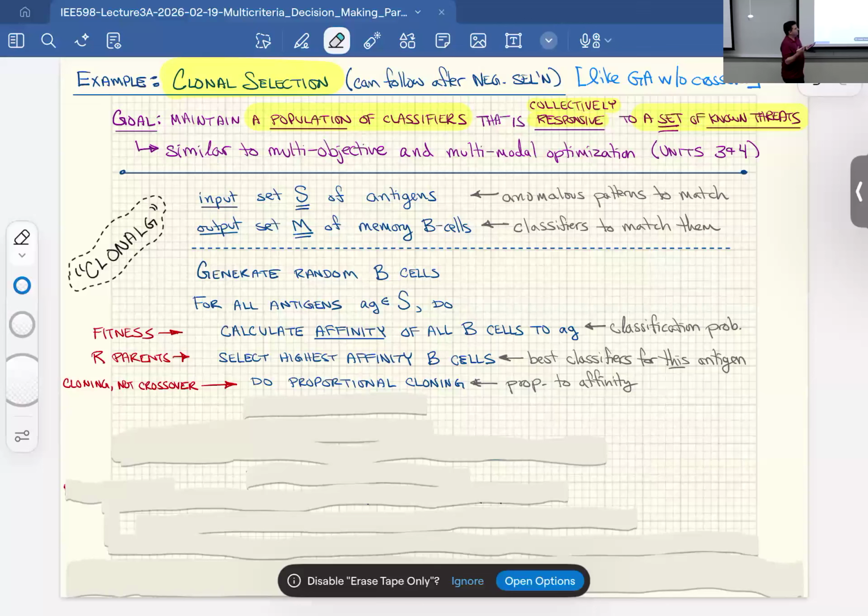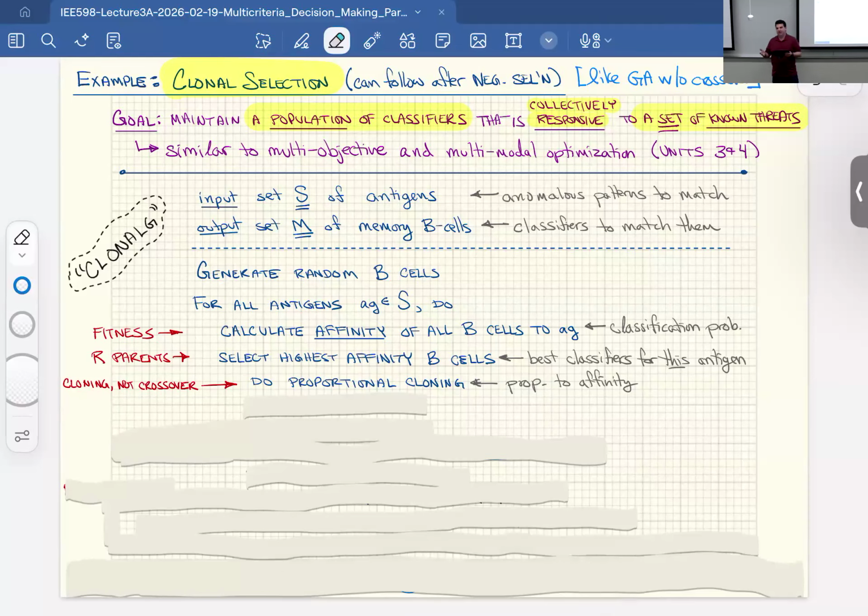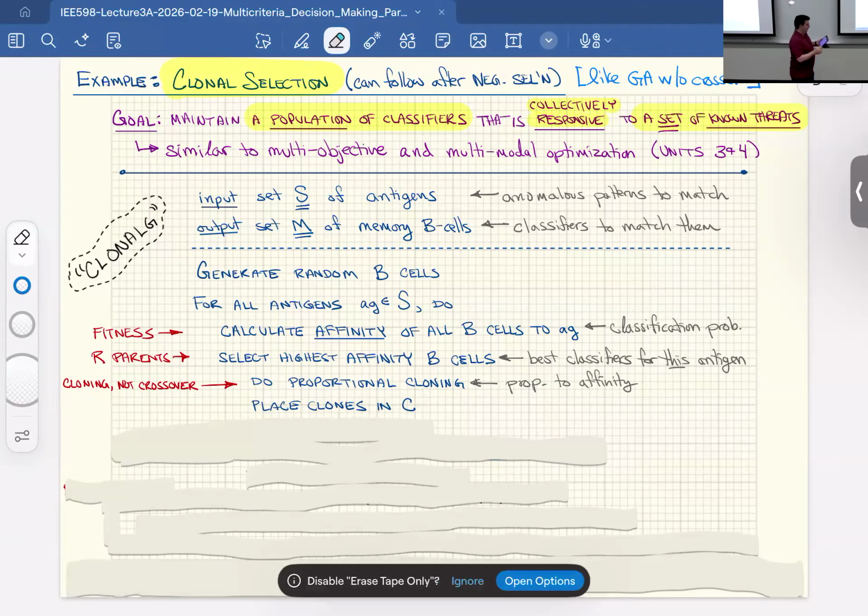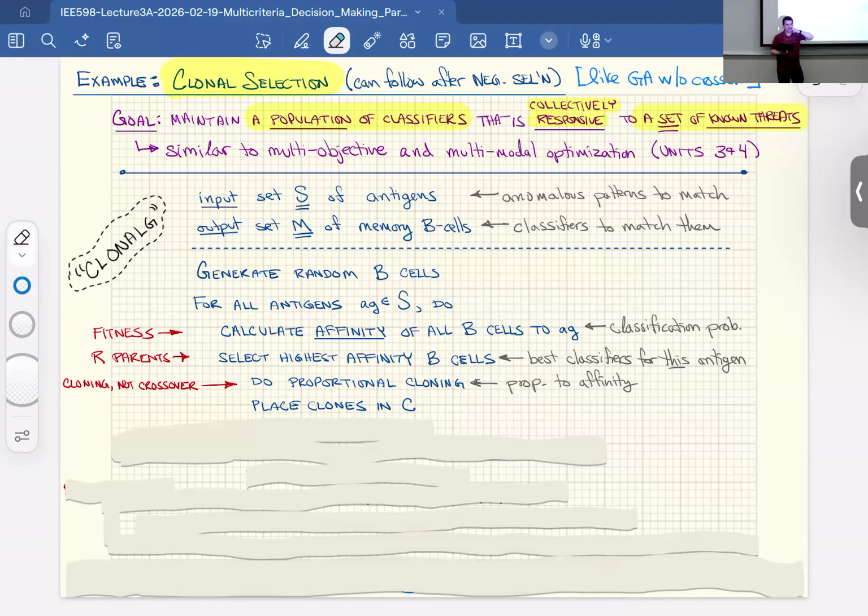Proportional cloning is just like proportional selection, but it's proportional to affinity, and we don't do any crossover. So a high affinity B cell is going to produce lots of clones, and a low affinity B cell will produce very few clones. That's what I mean by proportional cloning. You can think of it as just like roulette wheel selection based on affinity.